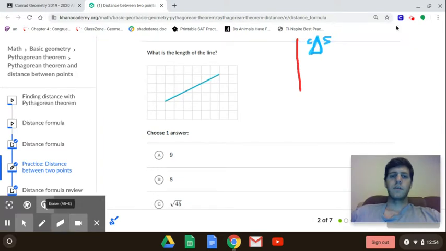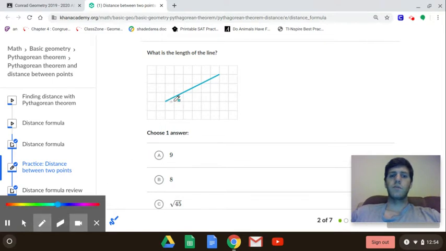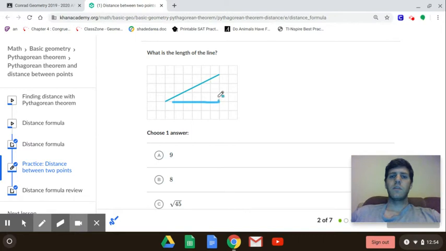Okay, here's another problem. Want to find the length of the line. So the best way to do that is to draw a right triangle. Okay, 1, 2, 3, 4, 5, 6 units long, and then 3 units high. We want to find, we'll call it C. So again, a squared plus b squared equals c squared.